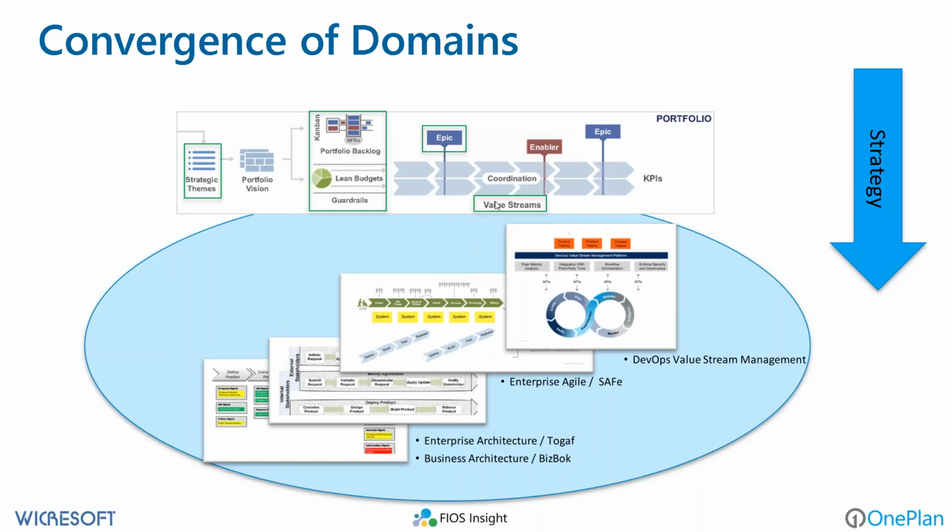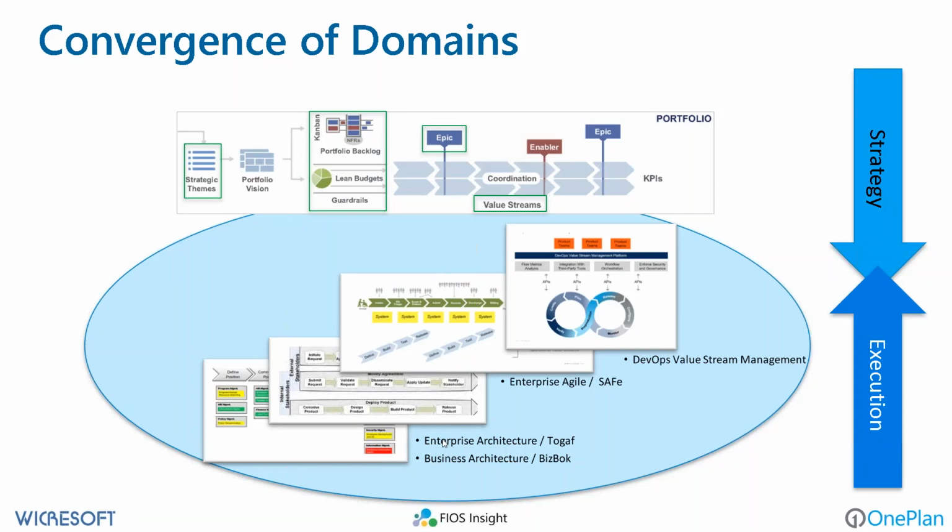What we're trying to do is really connect the strategy and execution. So execution that's occurring from our teams that are developing, delivering value through the products that are within the value streams. That's done through epics that are defined at the lean portfolio level. All of this, as you can see, is actually supported by domains that are already within the organization.